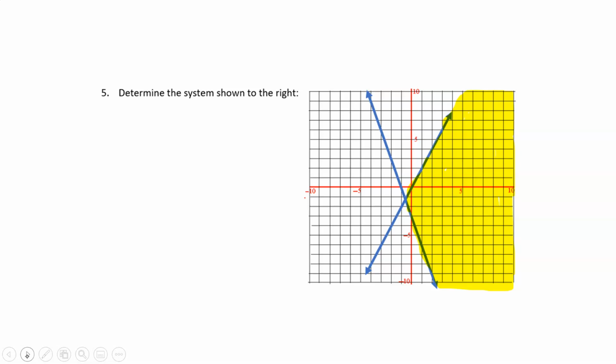Let's get the two equations. So this one starts at 0, so it has no y-intercept, and my slope is up 2 over 1, so I have 2x. Okay, I'm going to use 1, 1, so I have 1, some relationship to 2 times 1, so 1 is less than or equal to 2x, so this is less than or equal to.